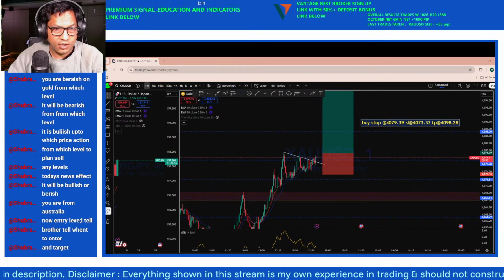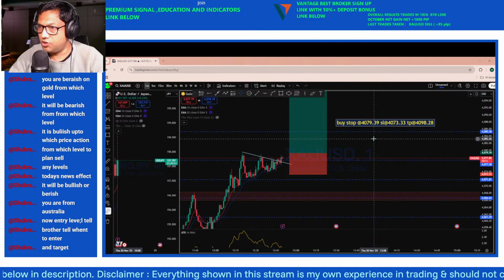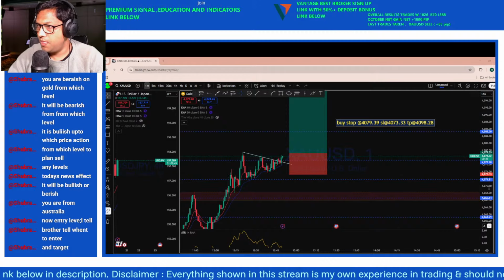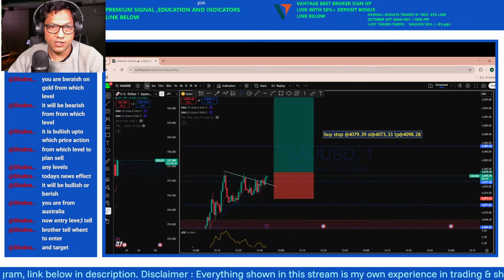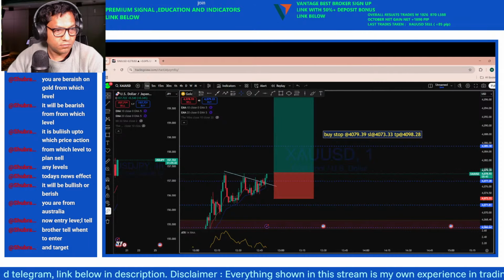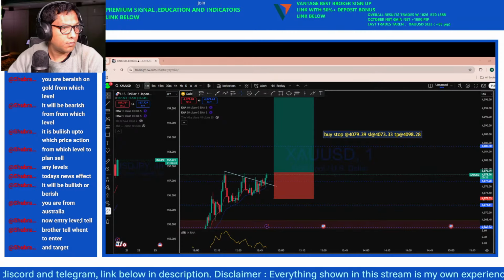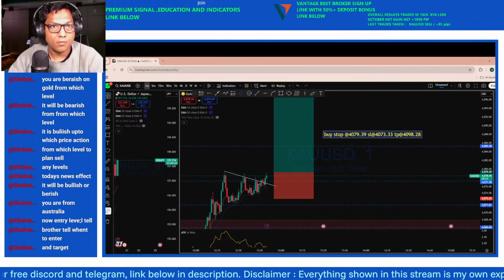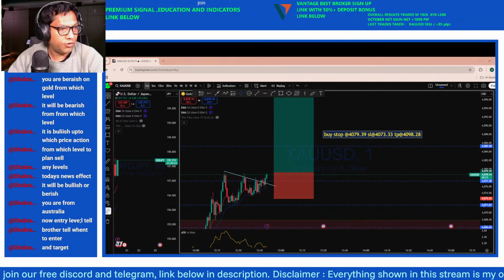So the pending order is placed, still not triggered. Near there we might get a trigger, and looking at an upside bias here. Entry.